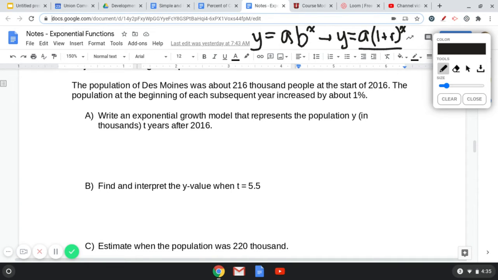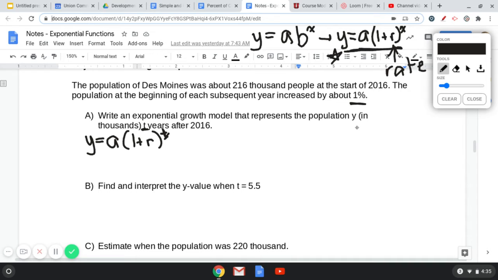This one is most often used with time, whenever you're talking about exponential growth in terms of a percent of an increase. That's what this r is. This r is your rate. So hey, we have a rate here, so we're going to use y equals some number a times 1 plus our rate to the power of t years, so this will be to the power of t.